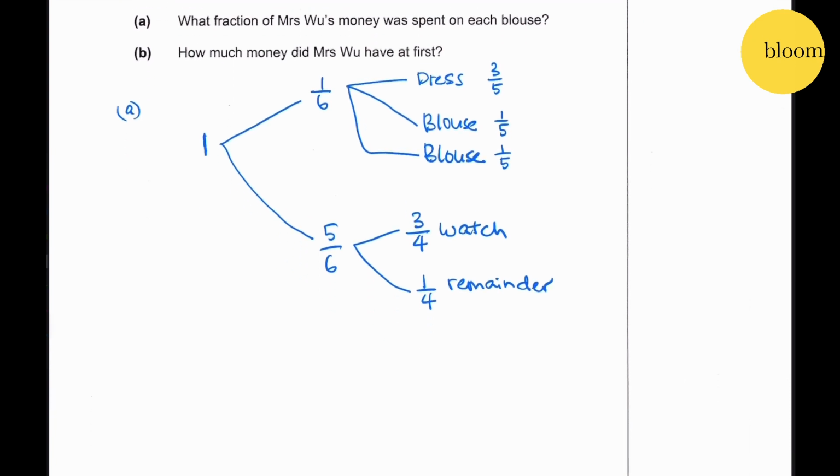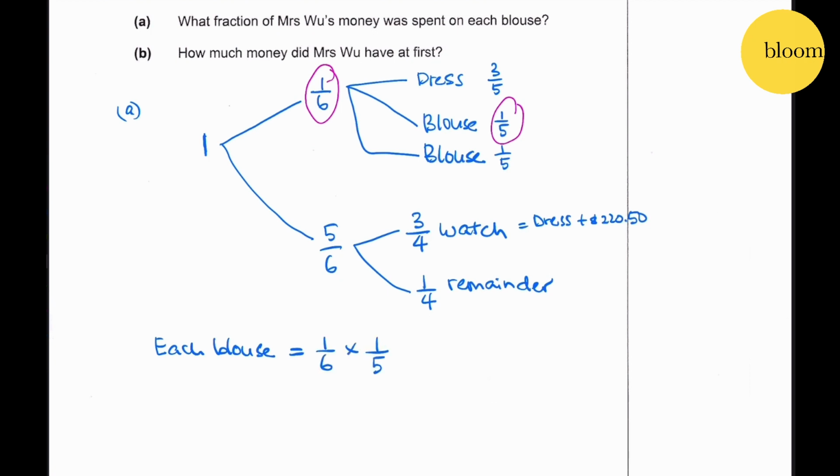And we know watch is dress in value plus $220.50. So each blouse is 1/6 multiplied by 1/5, which gives you 1/30, the fraction of Mrs. Wu's money spent on each blouse.